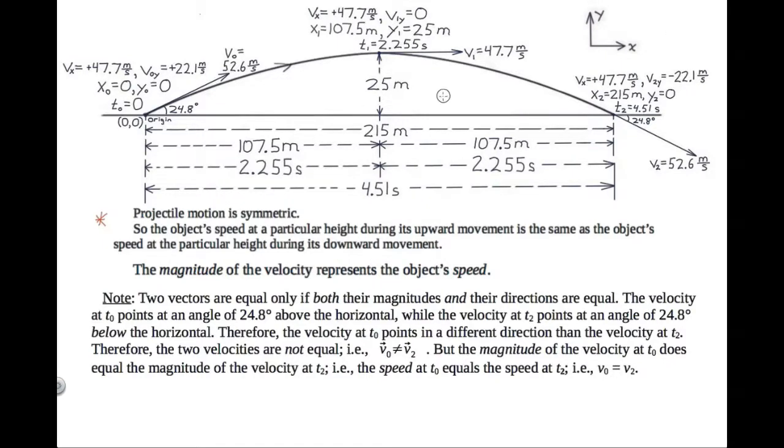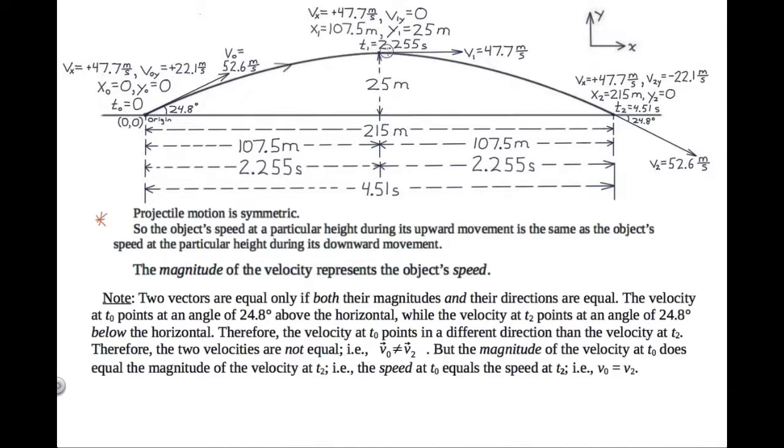While the vertical velocity is changing, the horizontal velocity stays constant at 47.7 meters per second. The ball leaves the ground with an overall speed of 52.6 meters per second. As the ball rises through the air, its overall speed gradually decreases until at the peak of the trajectory, the overall speed is 47.7 meters per second.